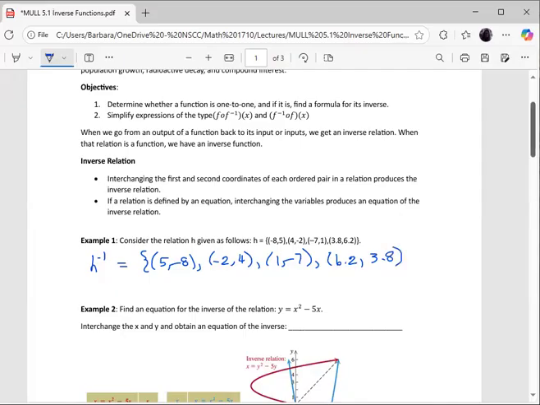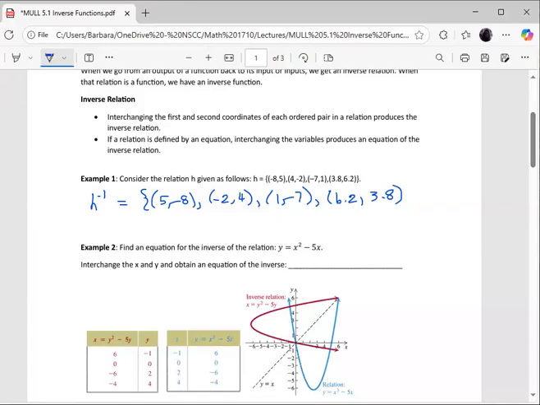In example 2, we have the equation y equals x squared minus 5x. To get the inverse, we exchange the x and y variables, and we have x equals y squared minus 5y.